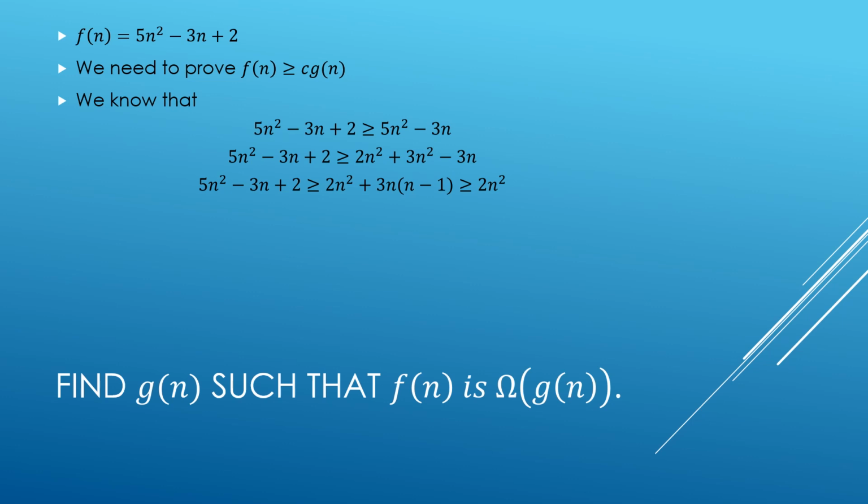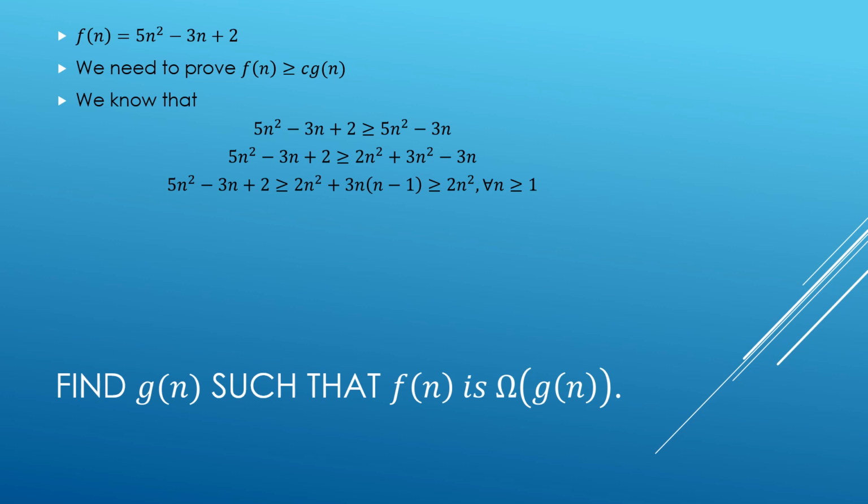But this will happen when n is greater than or equal to 0 and n minus 1 is greater than or equal to 0, which leads us to say n is greater than or equal to 1. A condition that would satisfy both is n is greater than or equal to 1.